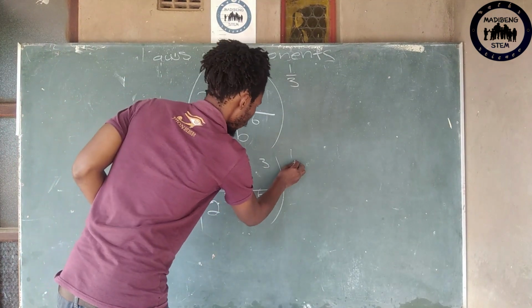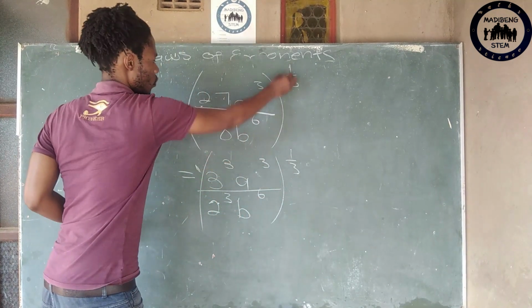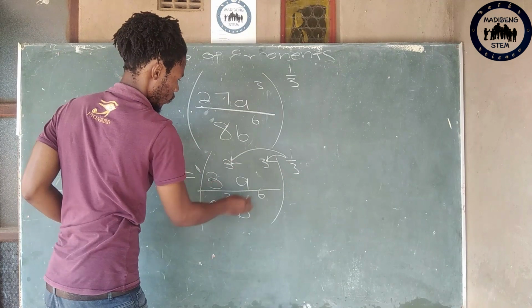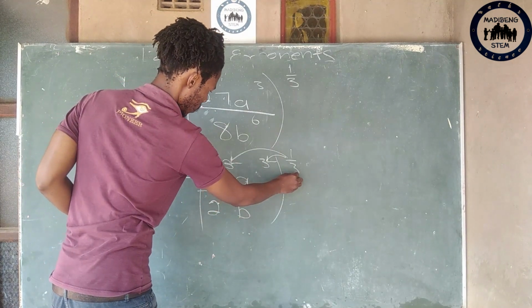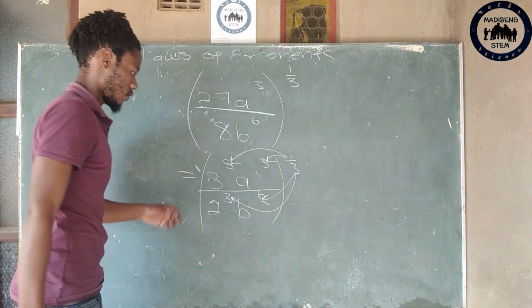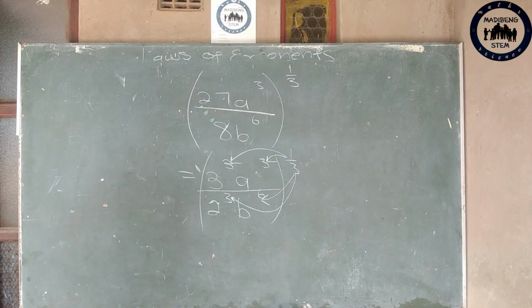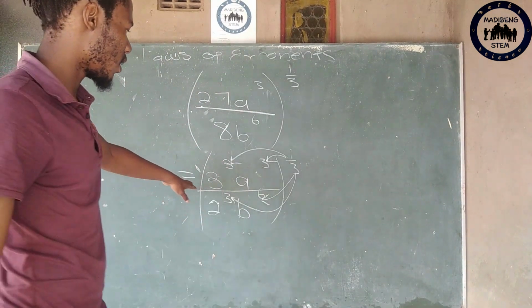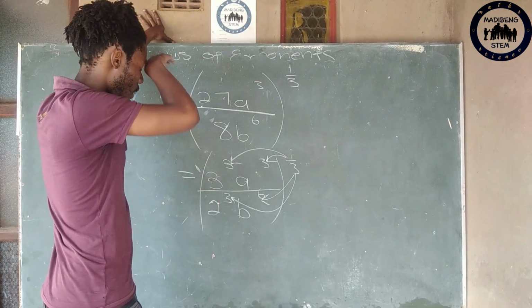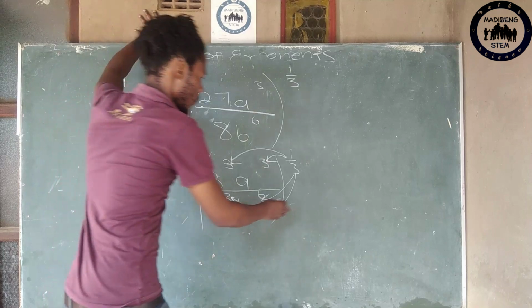So we distribute this, multiply it with this one, and this one, and also this one and this one too. 2 over 3, there's nothing we can do with 2 over 3. So let's go ahead and distribute our exponent.